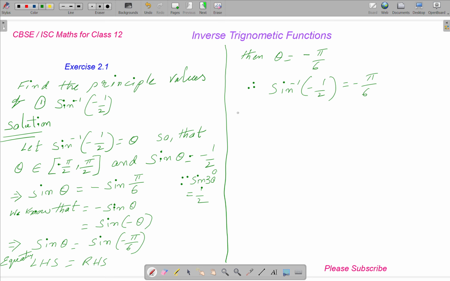Now question number 2: cos inverse root 3 by 2. Solution.